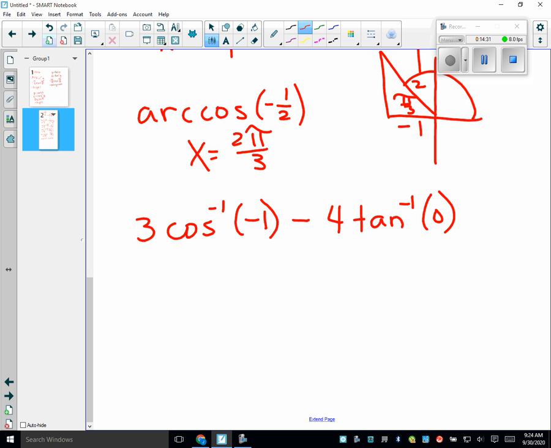If sine or cosine is 1, -1, or 0, it has to be on an axis every time. All right? So I know this is on an axis.